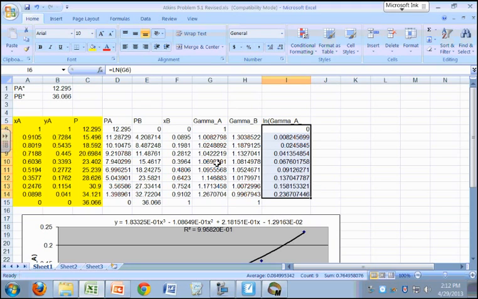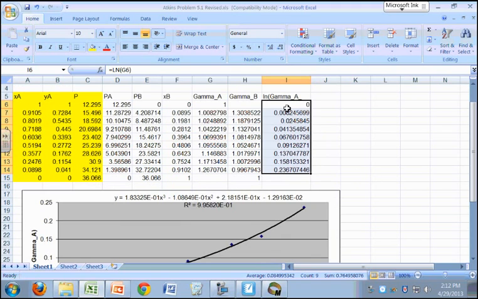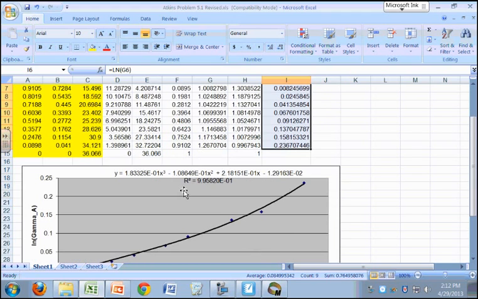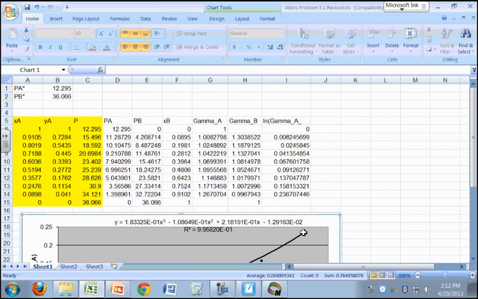And ln gamma is plotted here versus mole fraction of B. So this graph right here is a plot of ln gamma versus mole fraction of B.